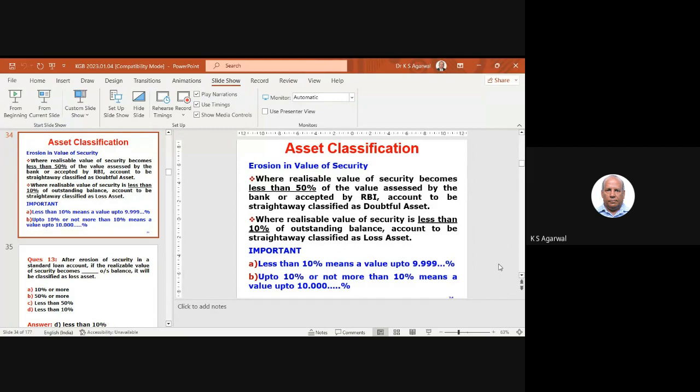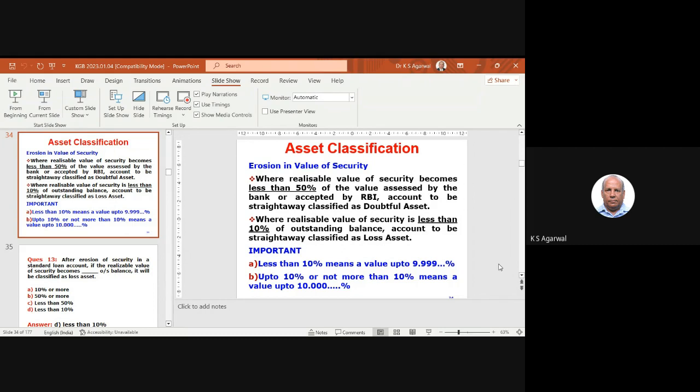And less than 10% means a value up to 9.999, but not 10. It is less than 10. 10 is not included here. And if I say up to 10%, it means the value of 10 is included here. Up to 10% or not more than 10% mean the same thing.